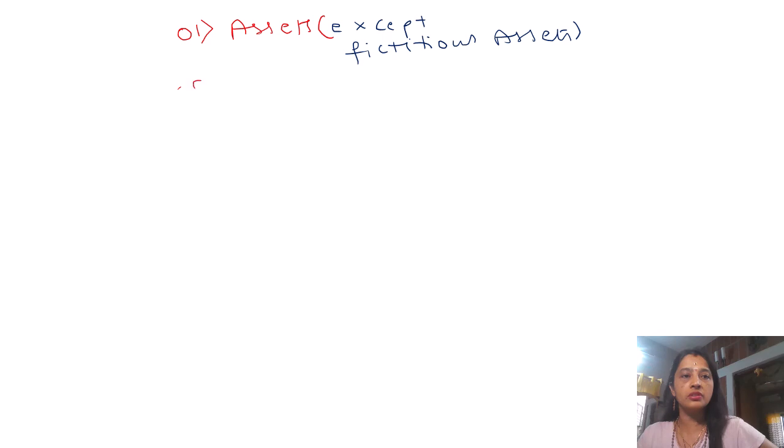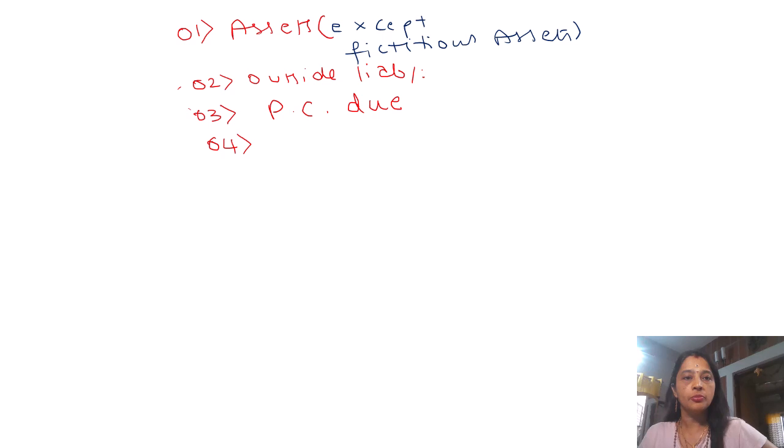Second one, transferring outside liabilities. Third one, PC due. Fourth one, PC received.